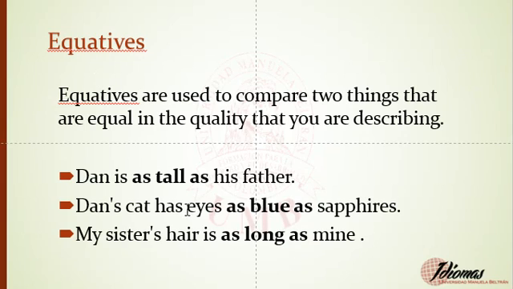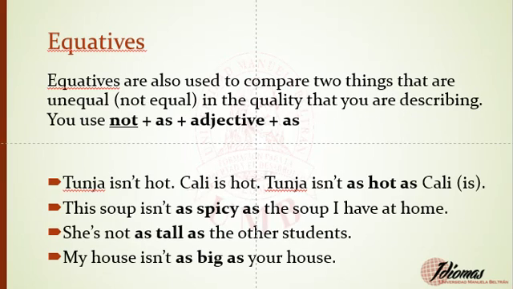So pay close attention to the examples. The next slide, on the next one, you have more explanation about how to establish the difference between elements, two elements or even more elements.